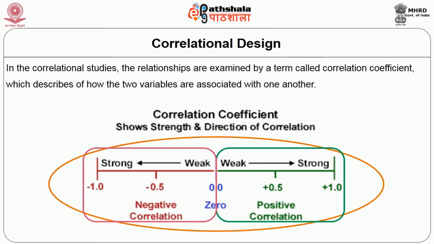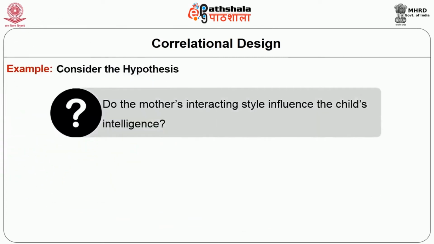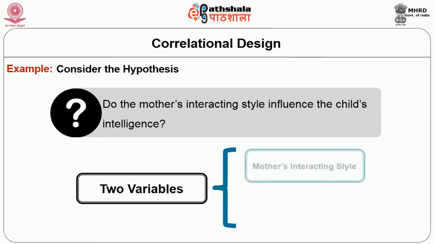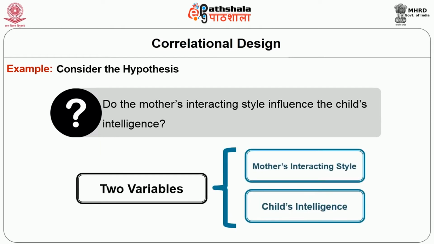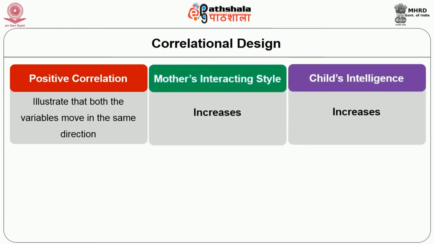For example, consider the hypothesis: does the mother's interacting style influence the child's intelligence? In this hypothesis, two variables, namely mother's interacting style and child's intelligence, have to be measured. A positive correlation could illustrate that both the variables move in the same direction.